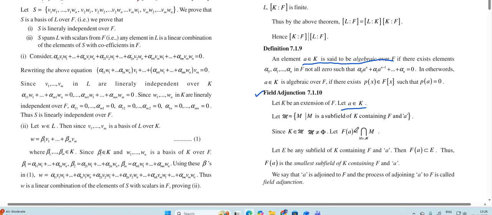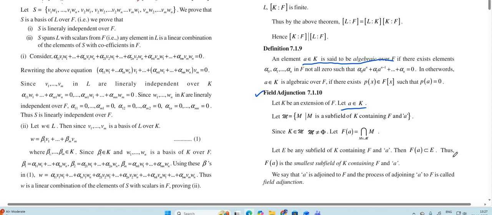And you describe F(A) as the intersection of all these subfields. So let E be any subfield of K containing F and A. Then the intersection is the smallest subfield of K containing F and A. So what do you have?